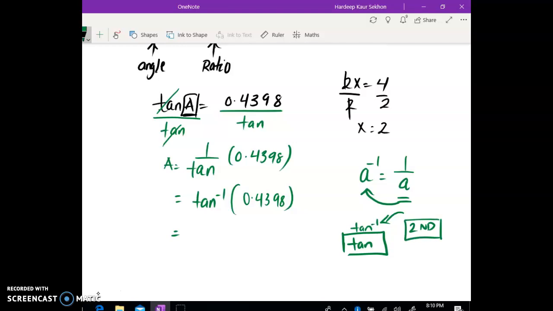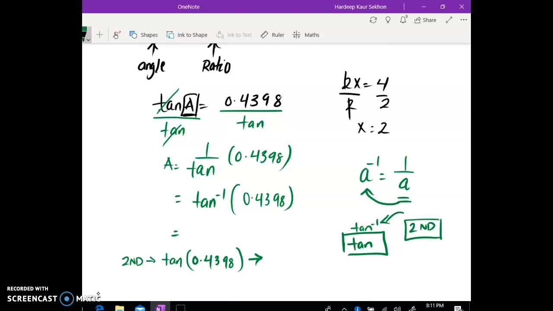Okay, so when you press all the buttons, you make sure you do second, tan, and then you put 0.4398. I always put a bracket, it just helps me see a bit better.